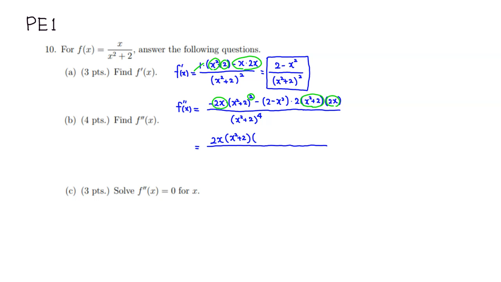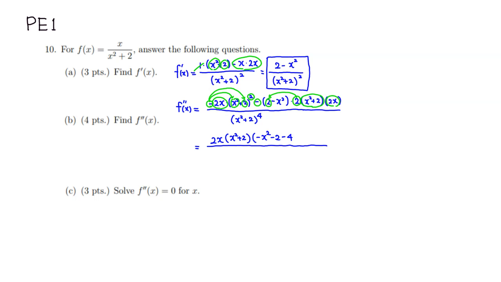We have a negative sign here, so I have to distribute it to x squared, so I'm going to have a minus x squared. Then we distribute the negative sign to 2, so you have a minus 2. Then the second term has a leftover 2 here. 2 is distributed to 2, so that would be 4, but there's a negative sign too, so it's going to be a negative 4.